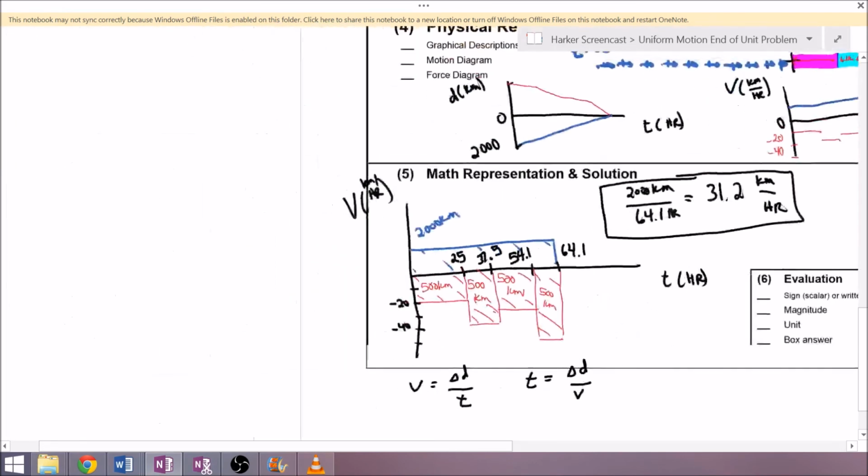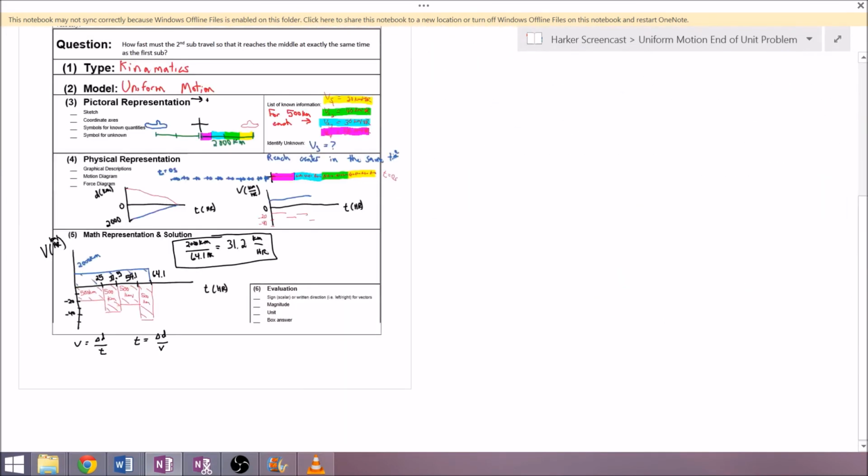So let's zoom out and take a look at everything we did. I hope you notice a couple things about this process. First, at no point did we just start searching for algebraic equations and start indiscriminately throwing numbers into them. That's not a good strategy, especially when you have a lot of different velocities and a lot of context like this question has.